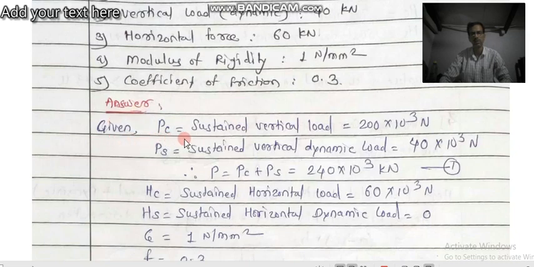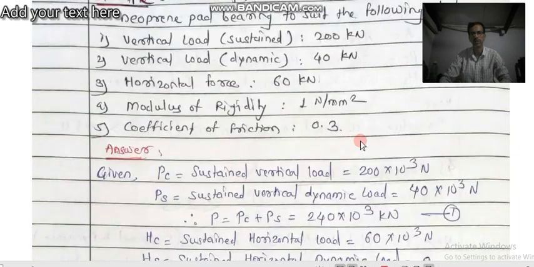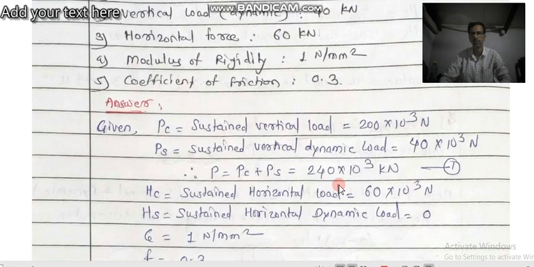Given PC, the sustained vertical load, is equal to 200 into 10 raised to 3 newton. PS is the vertical dynamic load, that is 40 kilonewton. Therefore P, the total load, is PC plus PS, equal to 240 kilonewton, or 240 into 10 raised to 3 newtons.